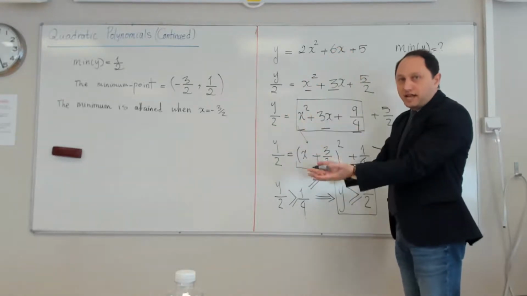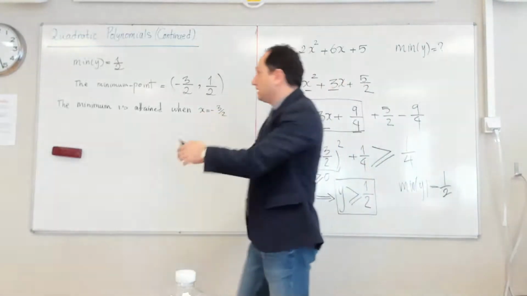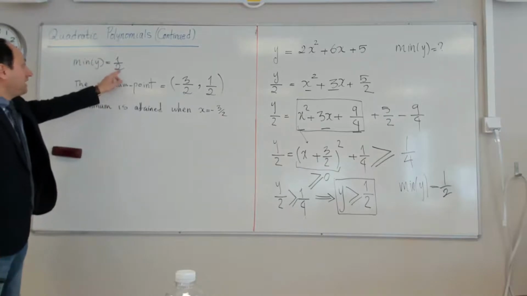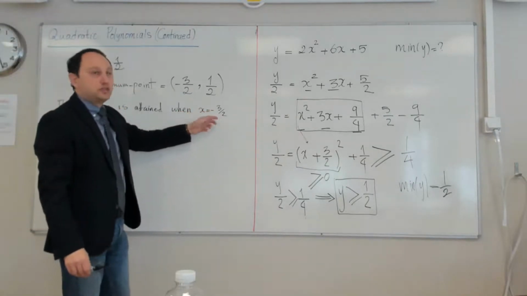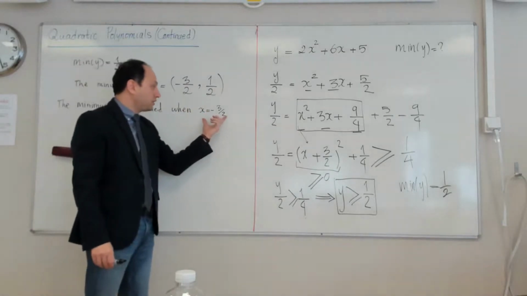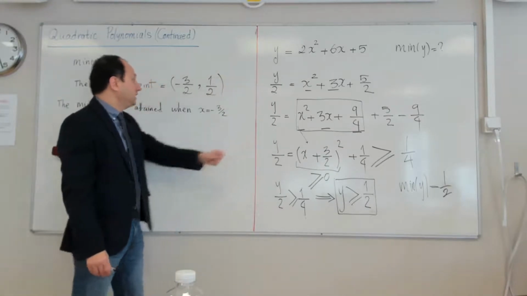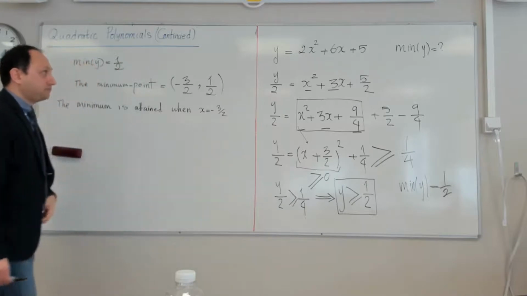We learned that in that bag, the minimum value that you can see is 1/2. And that minimum value is the consequence of putting -3/2. 1/2 is the output which corresponds to this intake, yes? If you put -3/2, then it will produce you 1/2, and that's the minimum value.